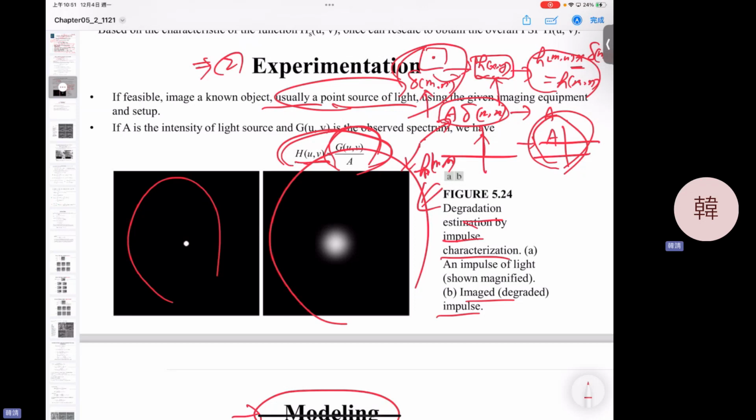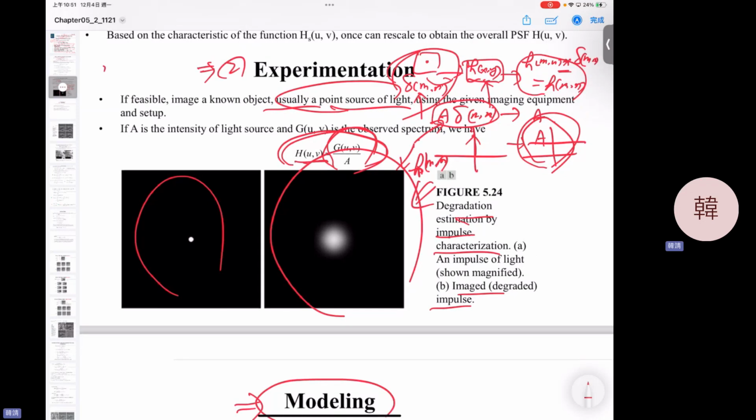Okay, so if you know everything, if your real image is input to your system, it becomes your observed image. So now you have this one, and how do you estimate this one? Very easy. You just transform into the frequency domain. If there is no additive noise, okay, the assumption is there's no additive noise, your restored image F hat will become what?